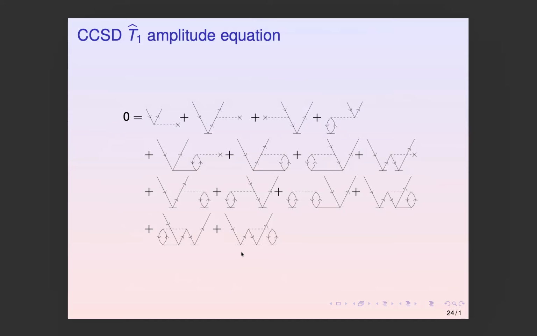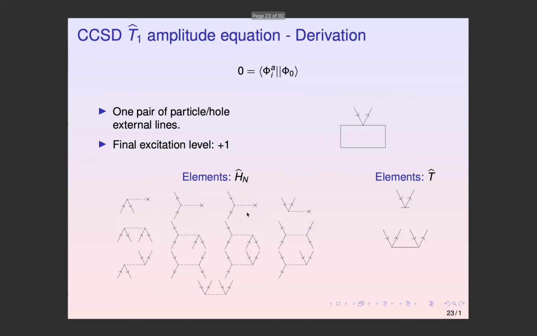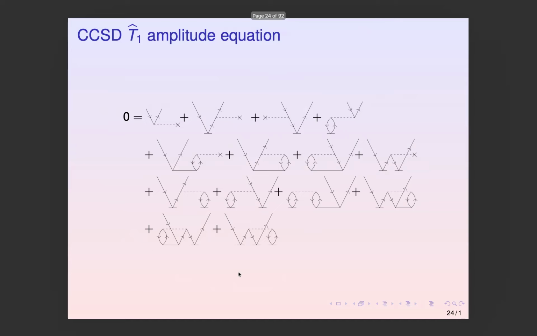And since we require that the final excitation level has to be +1, you see that there is a natural truncation here, because this one has an excitation level +1, +1, +1. That creates a three particle, three hole state. But you have to end with a one particle, one hole state.